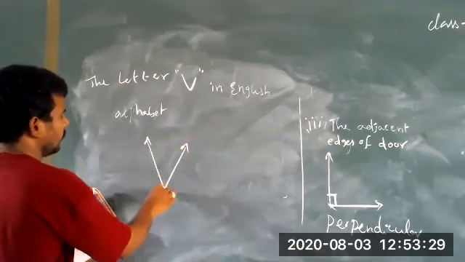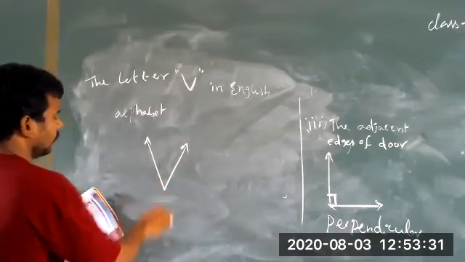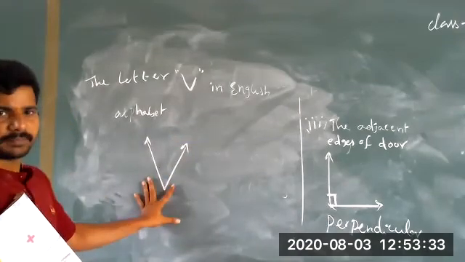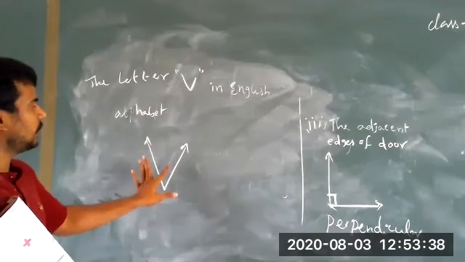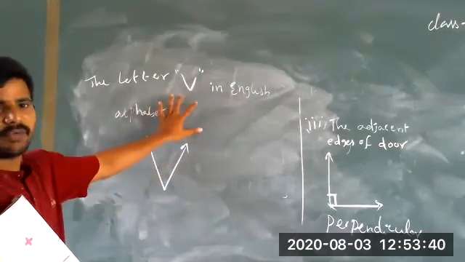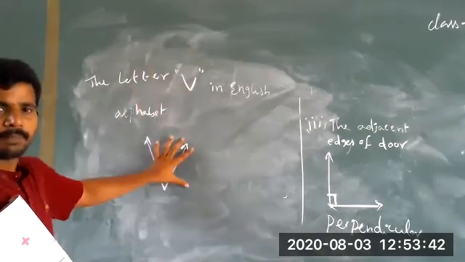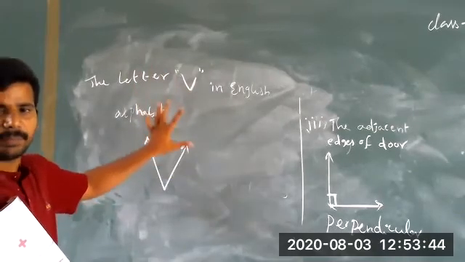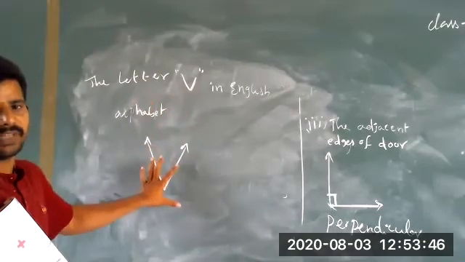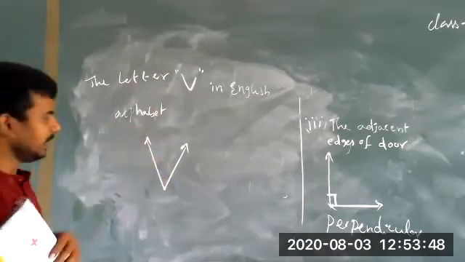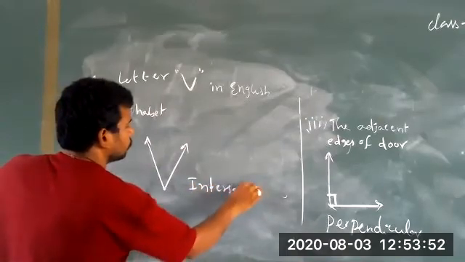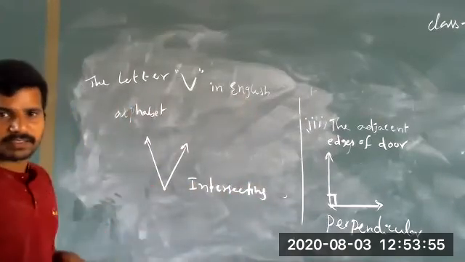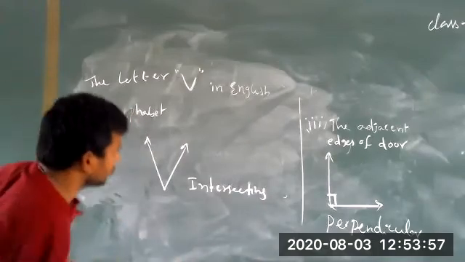These two lines meet at one point, so it is intersecting. So this is neither of them. Neither means it's not parallel lines and it's not perpendicular lines. It is called intersecting lines. Clear, children?